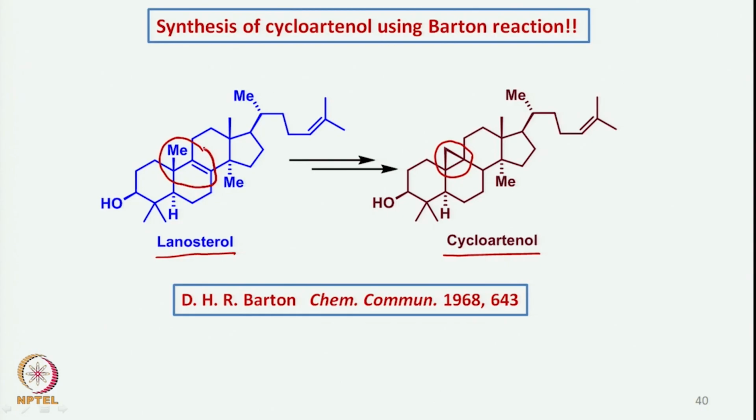So there is a double bond present here, and there is a methyl group present in the lanosterol, whereas that is not the case. Otherwise the rest of the part is exactly the same. So the lanosterol was easily converted to cycloartenol in a very specific fashion by Barton.